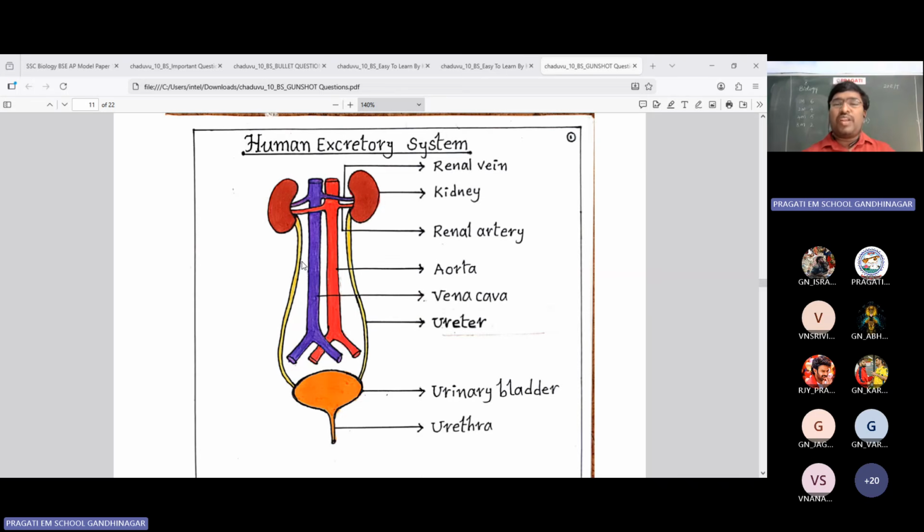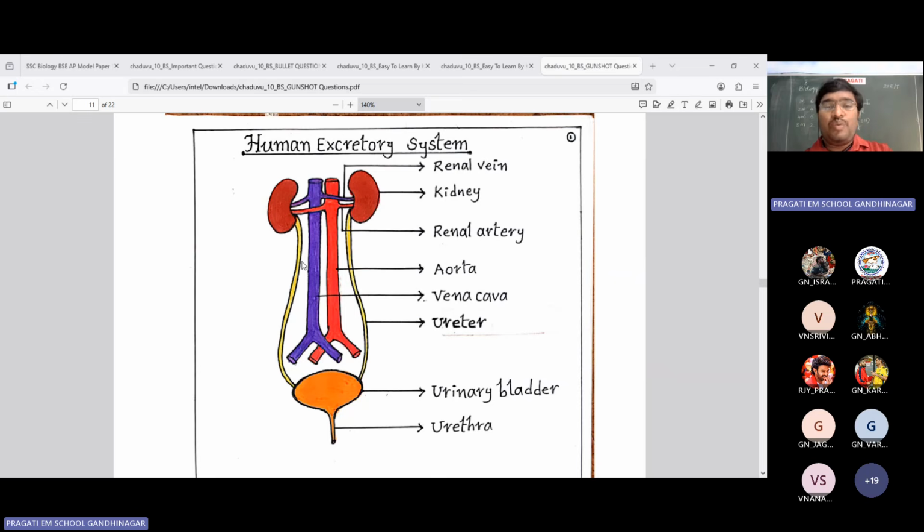Children, try to write the labeled parts clearly without spelling mistakes. That is very, very important. Some children do not label the parts exactly in the particular place, so practice where each part is.